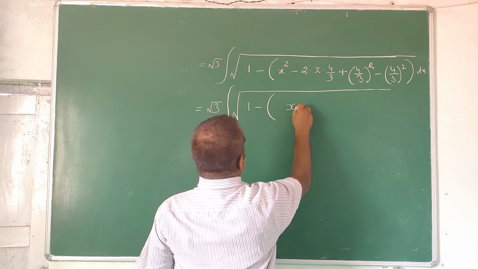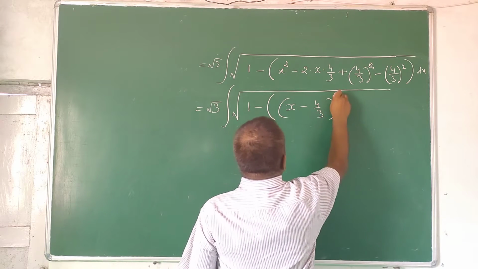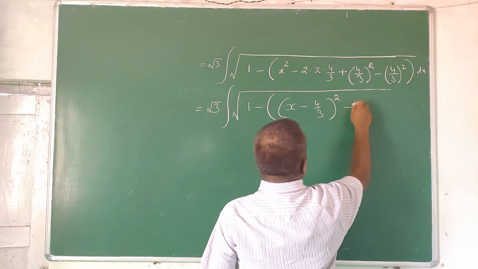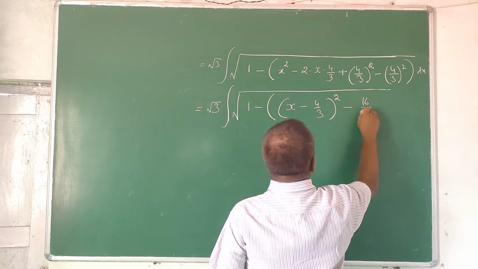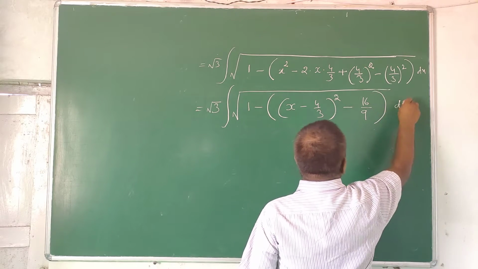So x minus 4 by 3 the whole square minus 4 by 3 whole square means 16 by 9 dx.